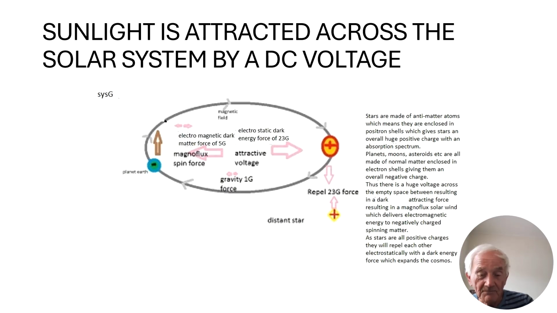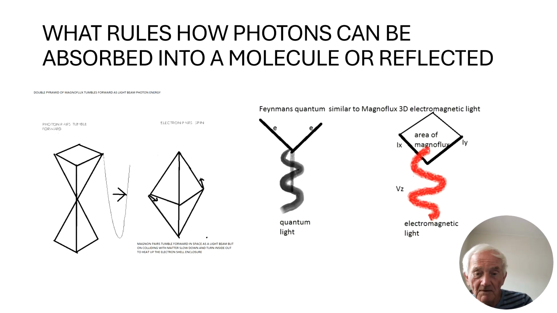So to balance, they have all of the positive charges and we have all the negatives. So there is a large voltage between our sun and its planets, which of course allows it to attract energy across the system to us.